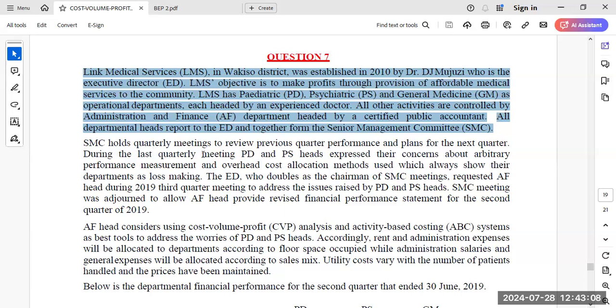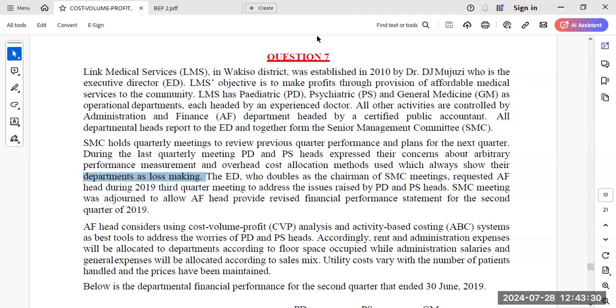During the last quarterly meeting, PD and PS heads expressed their concerns about arbitrary performance measurement and overhead cost allocation methods used, which always show their departments as loss making. So here you are observing two departments that are always making losses, PD and PS.